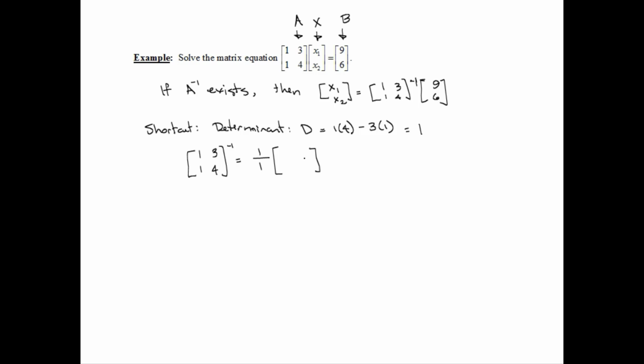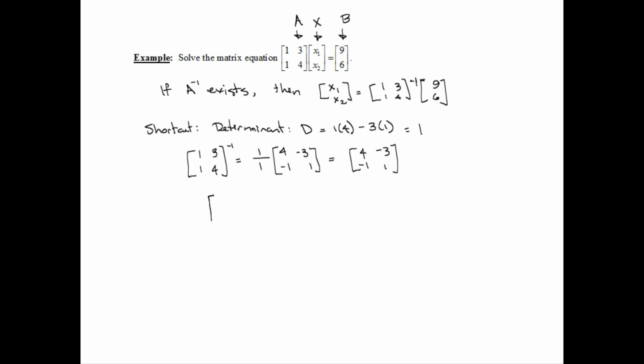The way that we get this matrix is along the principal diagonal, the elements will trade places. So the 4 and the 1 will switch. Along the other diagonal, they will become opposite in sign. So we have a -3 and a -1. Multiply these by 1, and of course we will get 4, -1, -3, 1, just like that.